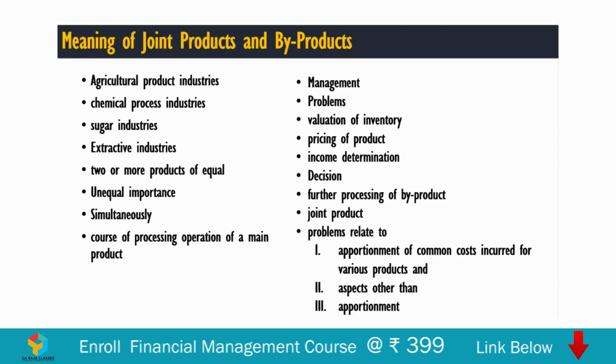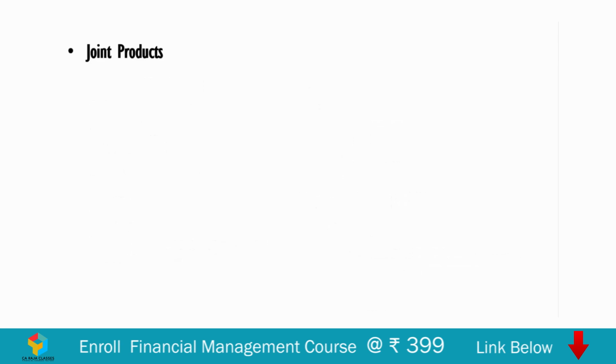Okay, so before taking these problems, let us first define and understand what is a joint product. Joint product basically represents two or more products which are separated in the course of same processing operation, and usually they require further processing.